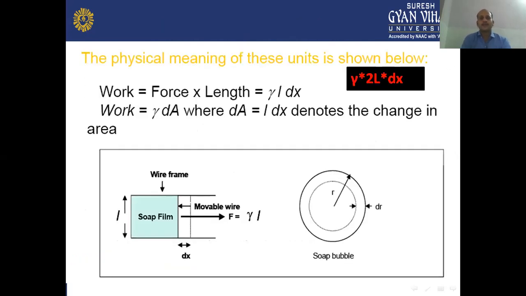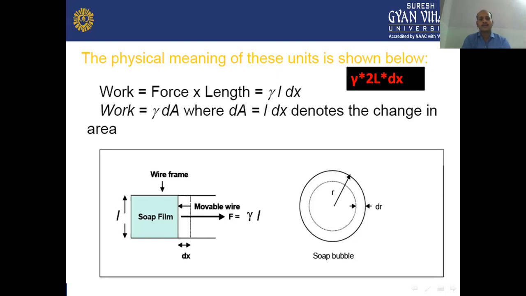The physical meaning of these units is shown below. Gamma into 2L into dx is work, equal to force into length. So gamma L dx, where gamma is the surface tension, L is the length, and dx is the displacement, or distance, traveled by the soap film. In the three-sided wireframe experiment, the wireframe is dipped into a soap solution and a soap film is formed.